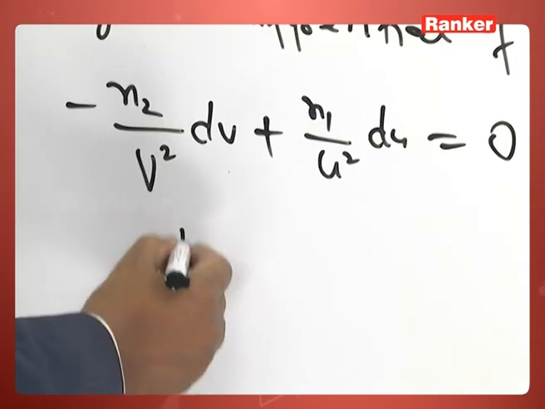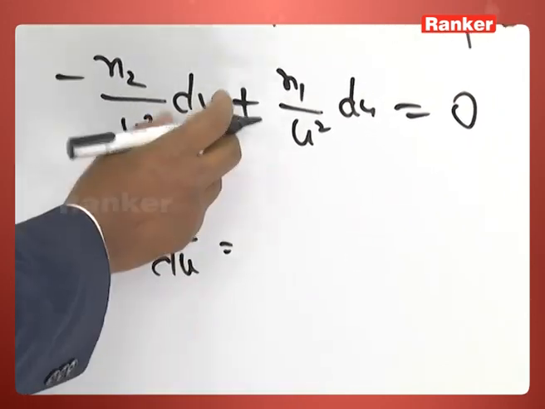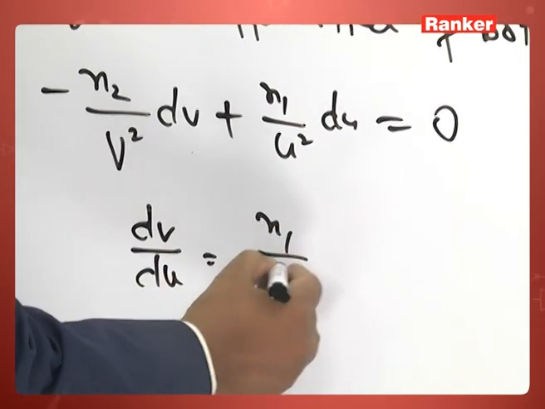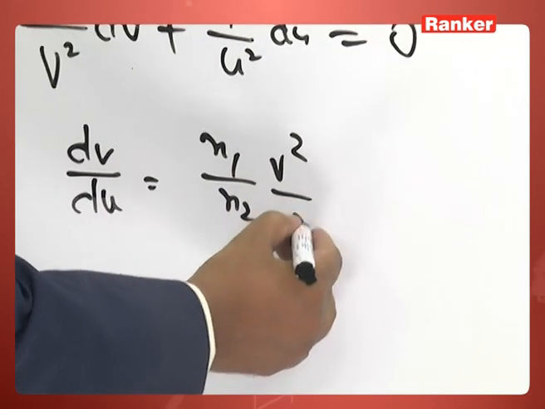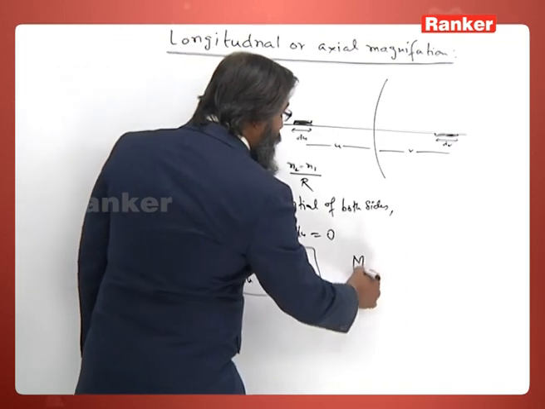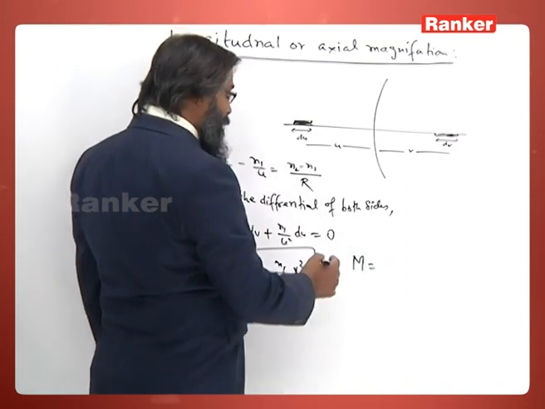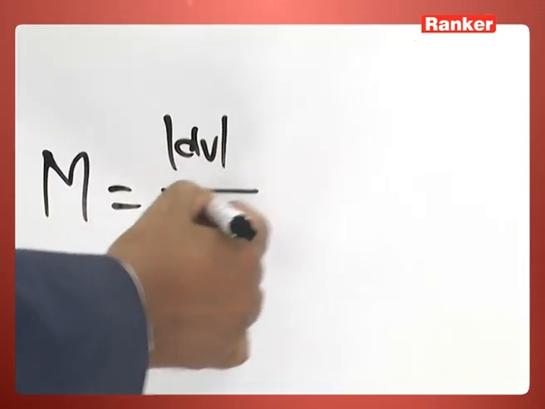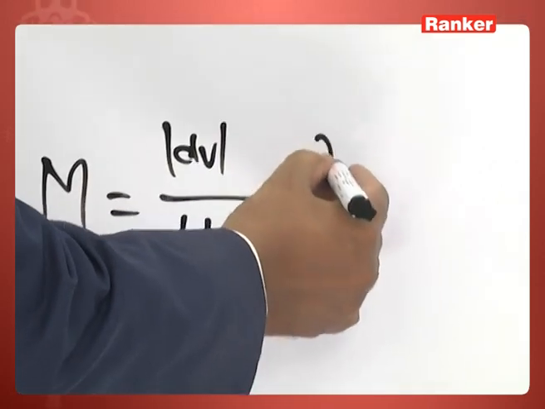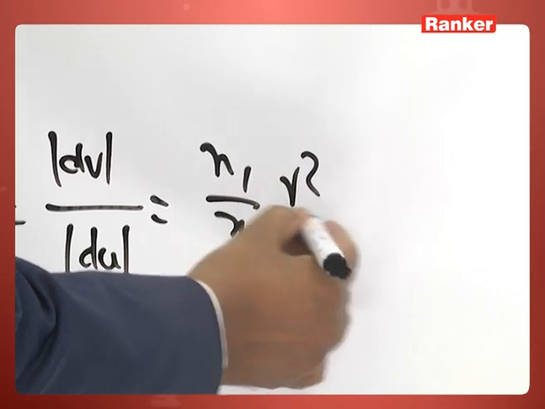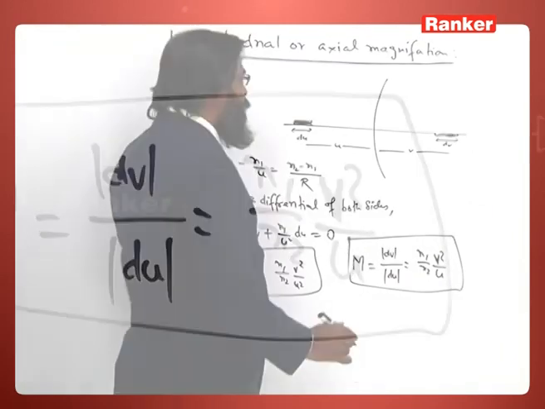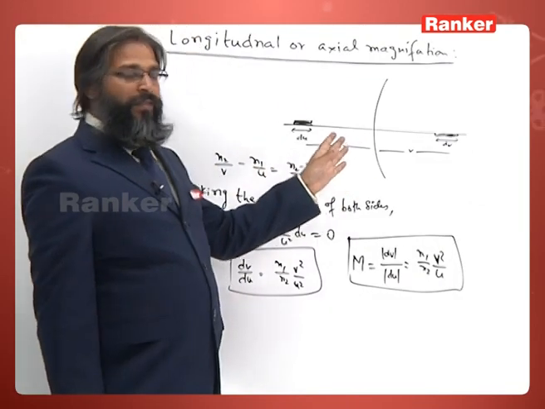So we have dv upon du equal to n1 by n2 into v square by u square. So we see the longitudinal or axial magnification, which we define as modulus of dv by modulus of du, is equal to n1 by n2 into v square by u square. This is the expression for axial magnification for this case.